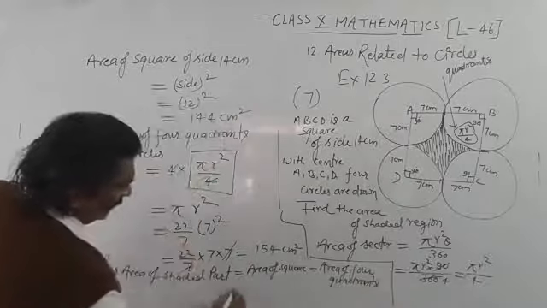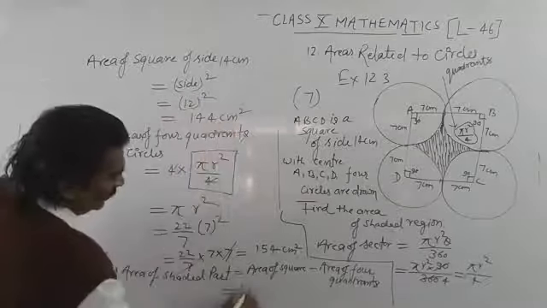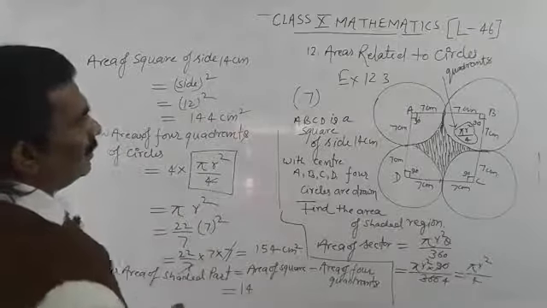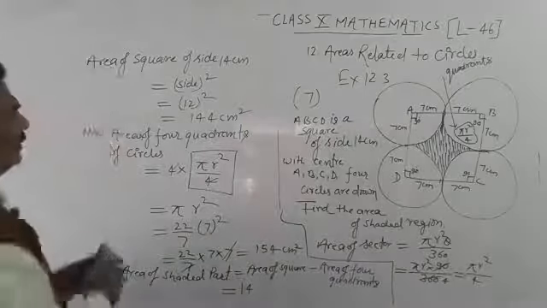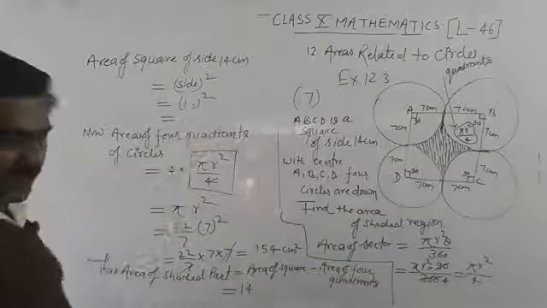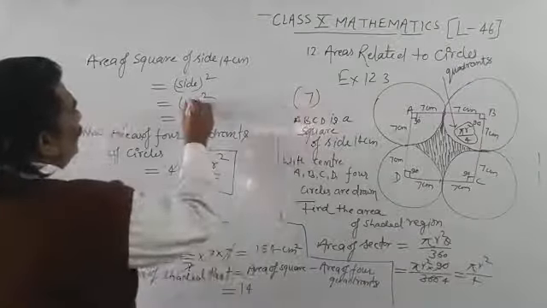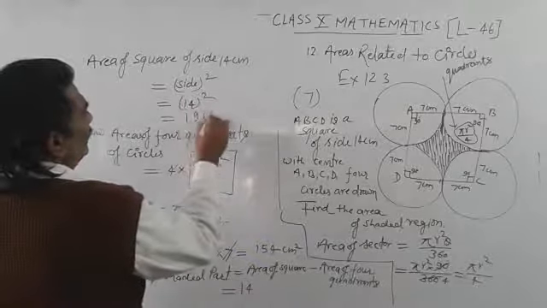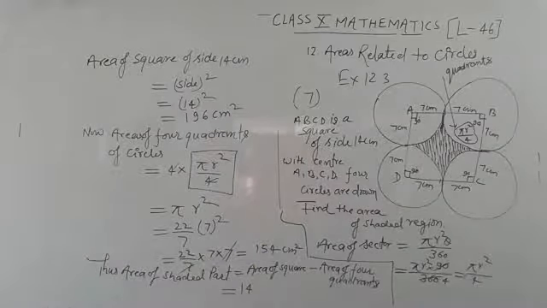That is, area of square is 144. Students, there is a correction. Side is 14 centimeters, here side is 7 plus 7, 14. So 14 square, that is 196 centimeter square. So students, don't worry, there is a correction and it was corrected.